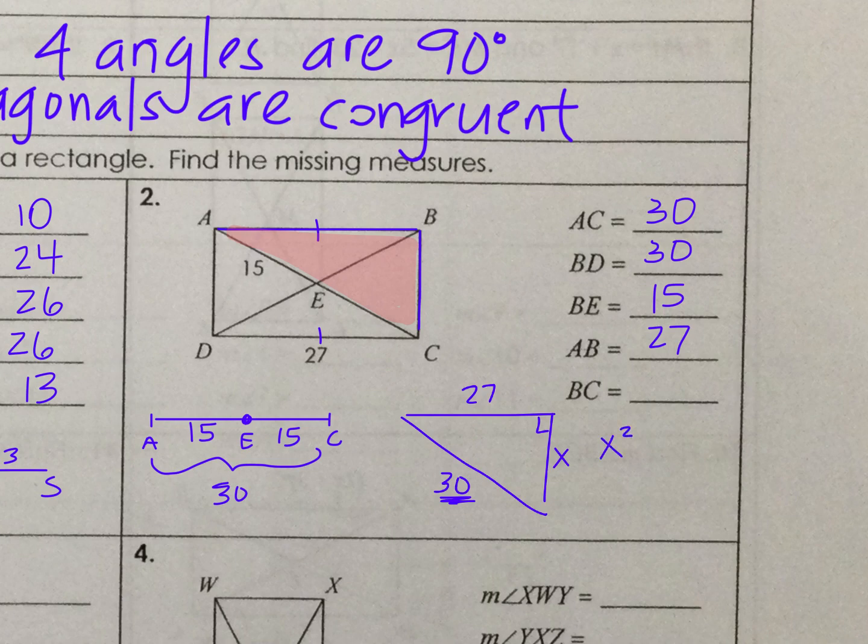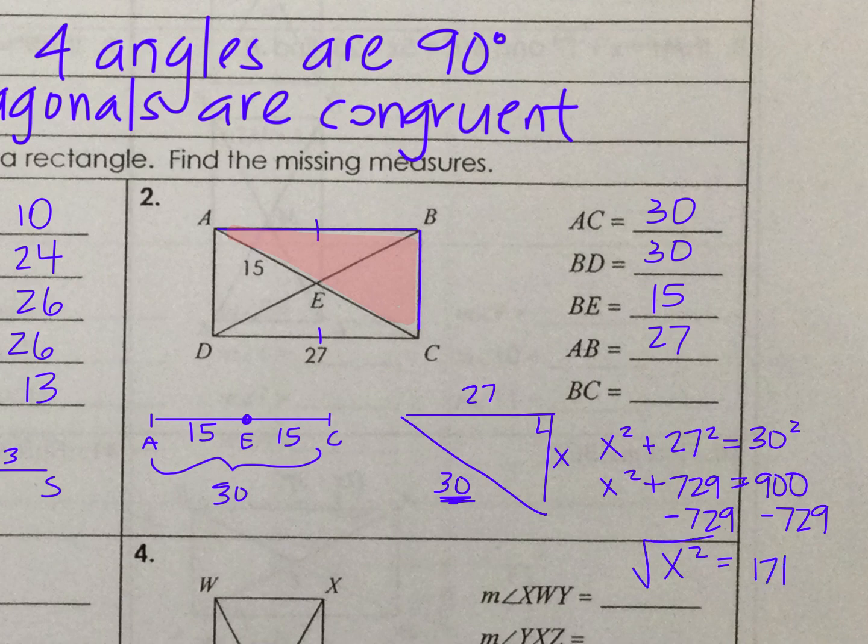So x squared plus 27 squared equals 30 squared. x squared plus 729 equals 900. I'm going to subtract that 729. x squared equals 171. Square root that. x equals 13.1.